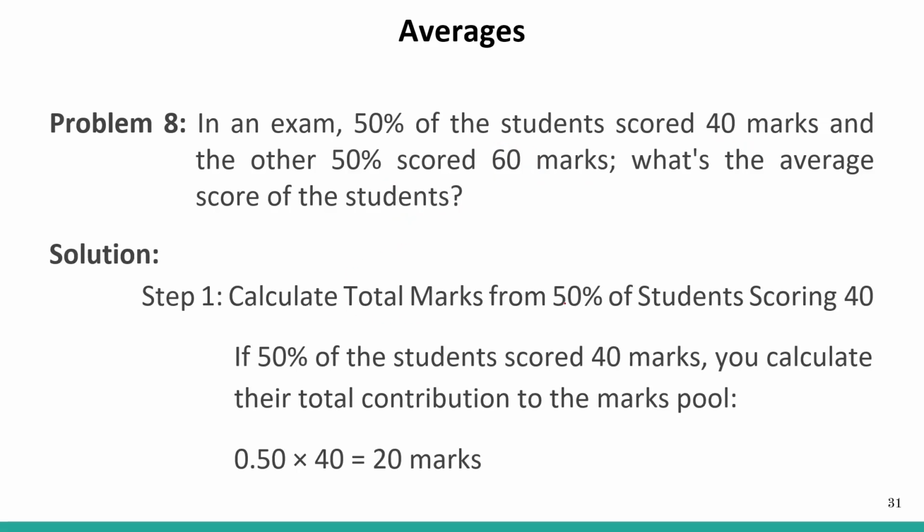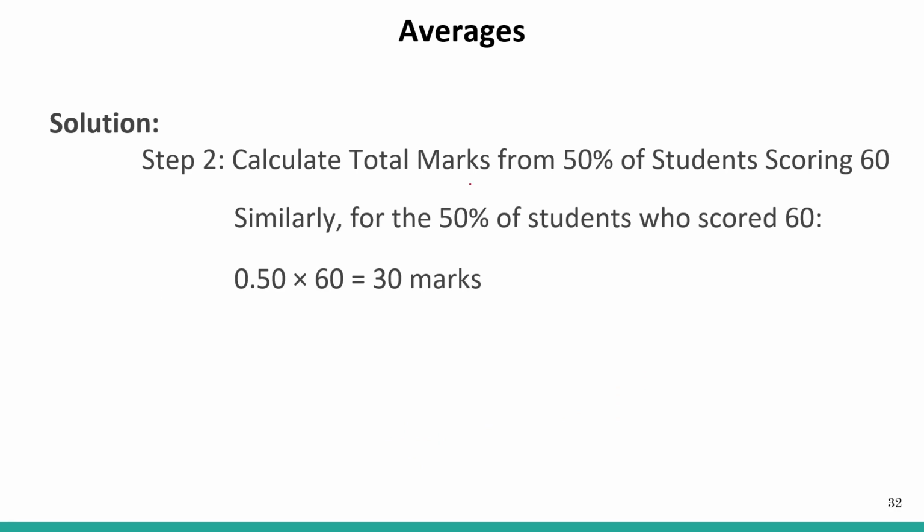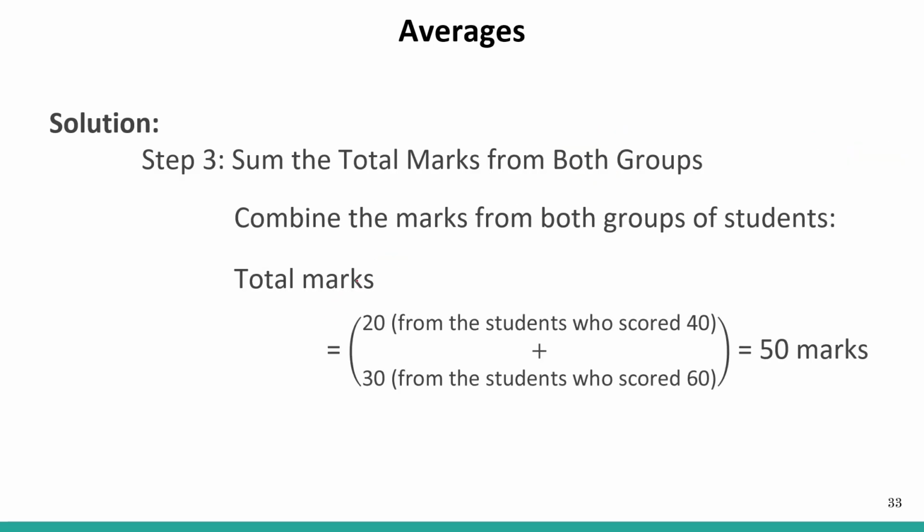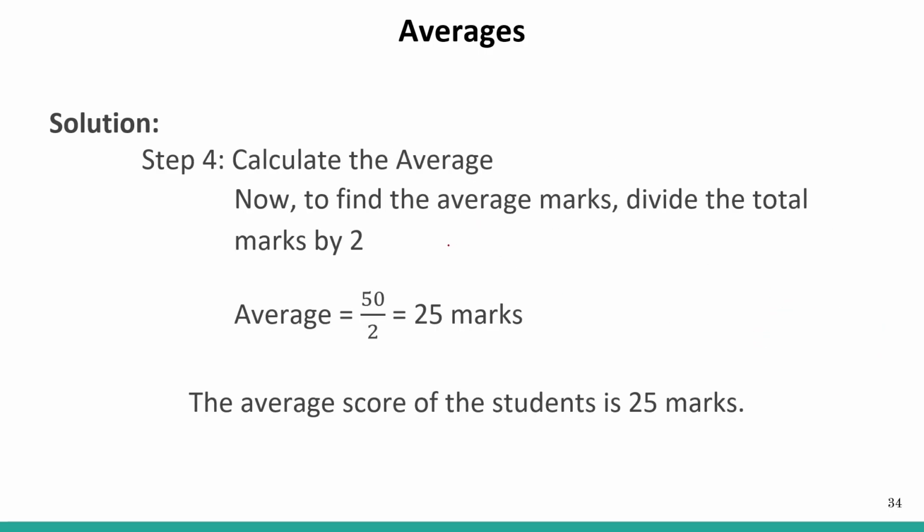So calculating total marks from 50% of the students scoring 40 marks, you calculate the total contribution to the marks pool. That will be 20 marks, right? So calculate the total marks from 50% of the students scoring 60. So similarly for them, it will be 30, that is 0.5 into 60. Okay, so then adding these two, what we are left with is 50 marks. So 50 marks will be the average.